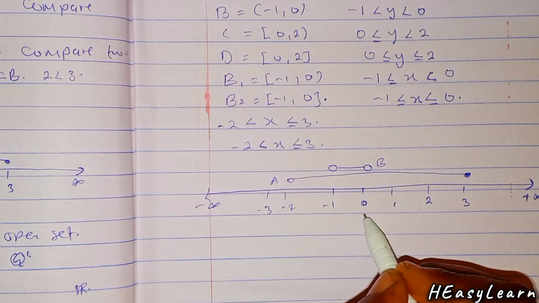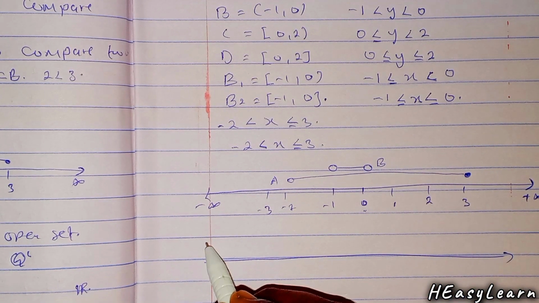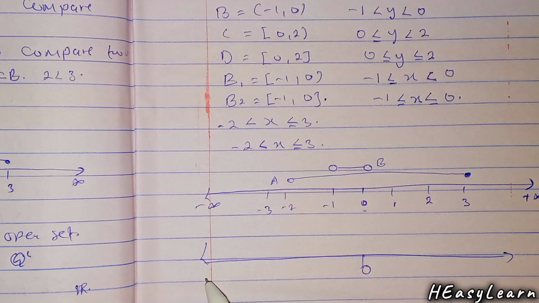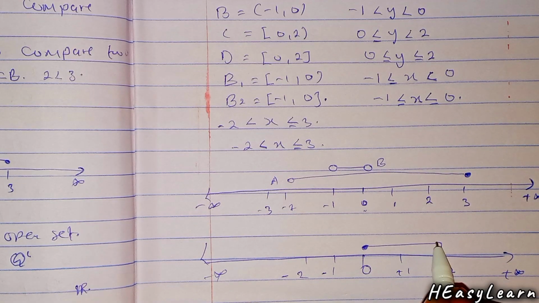C starts from 0 and it ends at 2. Here is 0, minus infinity, here is positive infinity, 2. So in this case, what of C? C starts from 0 included and ends at 2 excluded. What of D? D starts from 0 included and ends at 2 included.